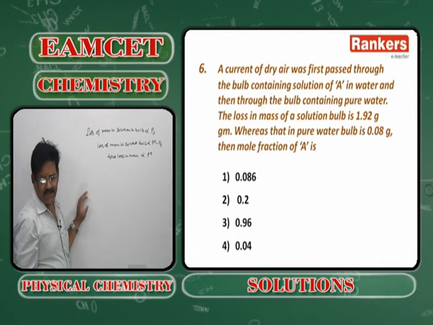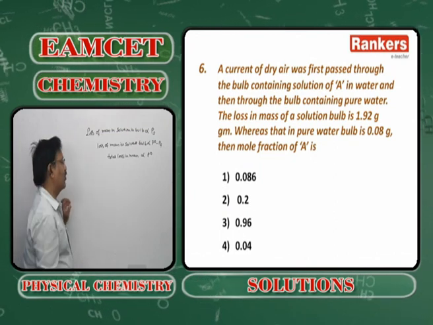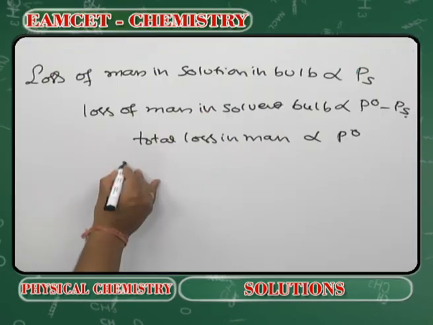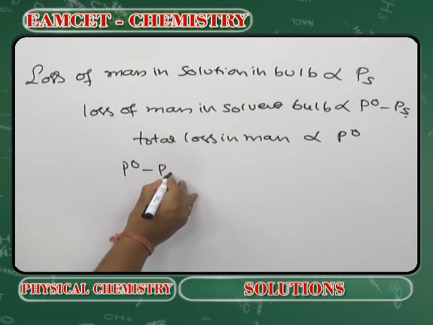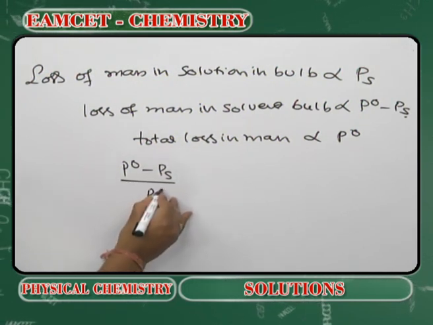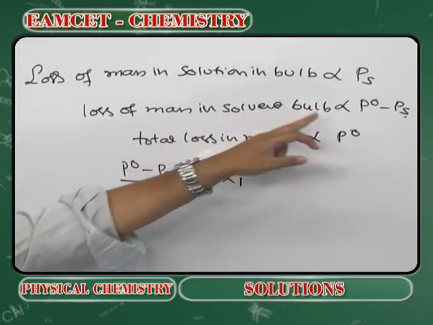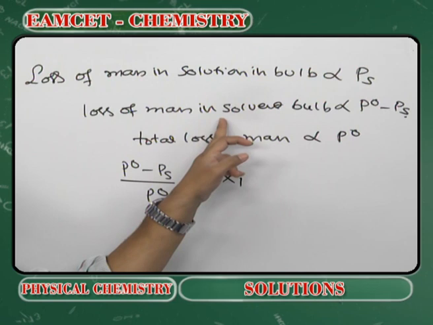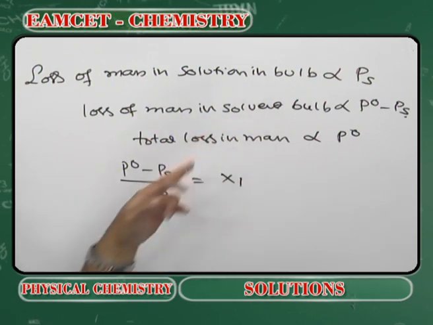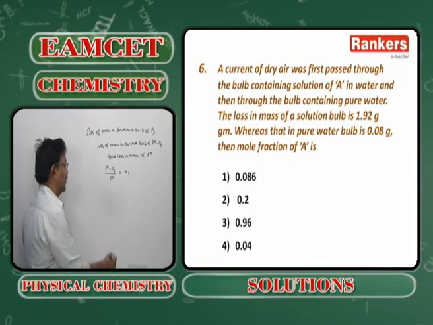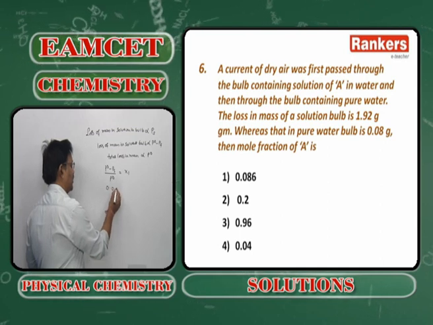Now, what is the way to get the mole fraction? P naught minus Ps by P naught is equal to x1. So P naught minus Ps means the loss of mass in the solvent bulb. What is the loss of mass in the solvent bulb? 0.08.